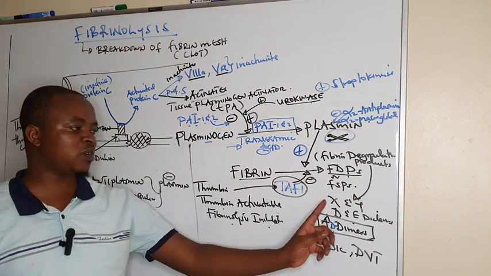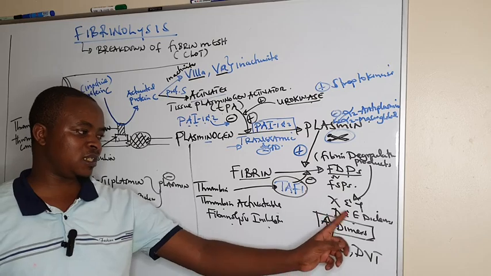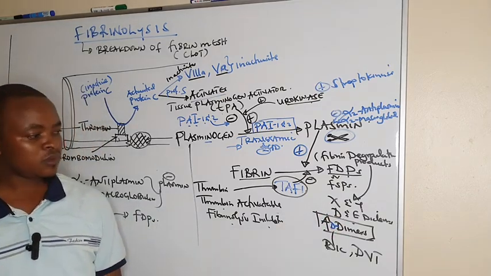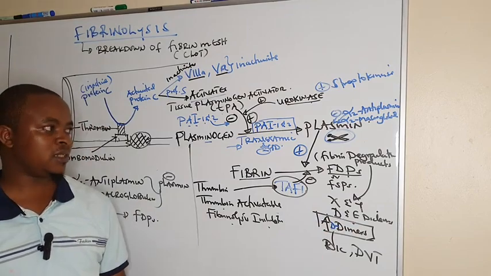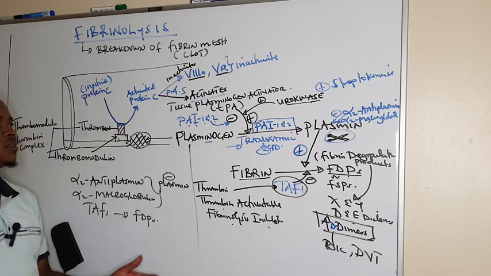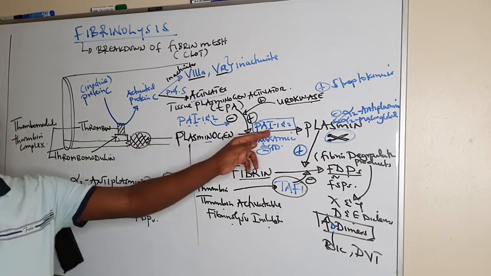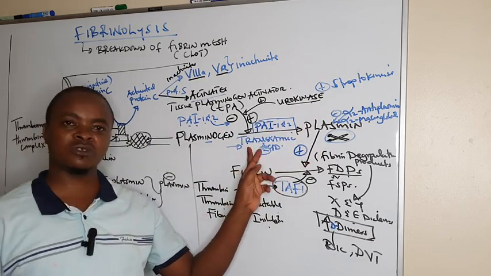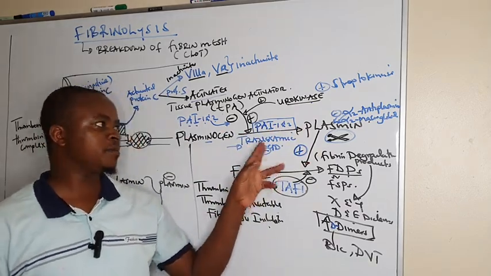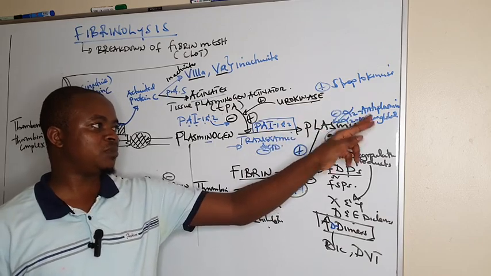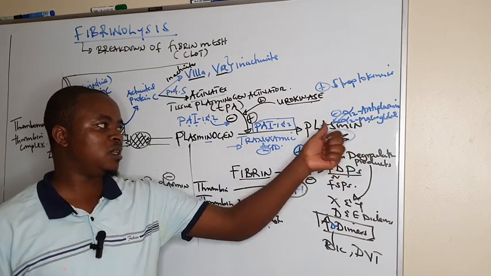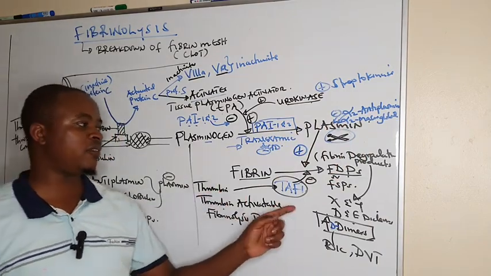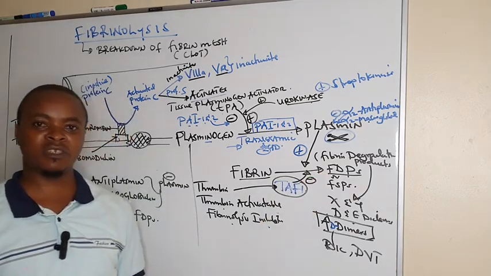First we form X and Y dimers, then D and E dimers, which can be used to diagnose this. Then we have seen the inhibitors: plasminogen activator inhibitor 1 and 2, and tranexamic acid, which is also an inhibitor, together with alpha-2 antiplasmin and alpha-2 macroglobulin, inhibiting the scissor, that is plasmin. Then TAFI, inhibiting the formation of FDPs.